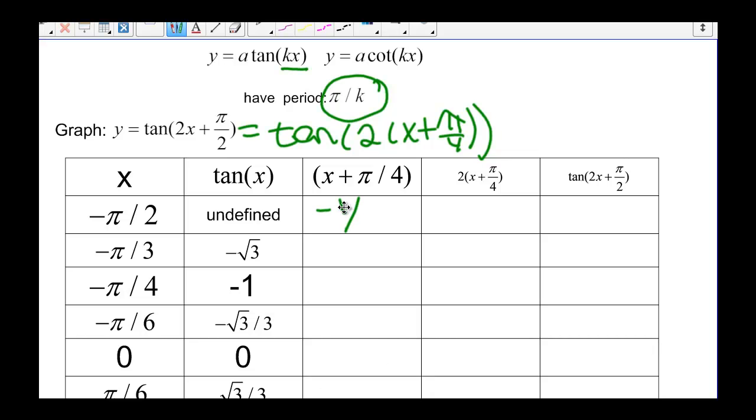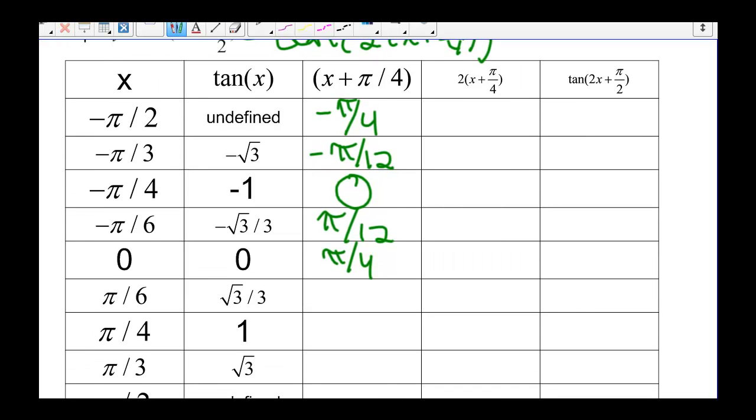Negative pi over 3 plus pi over 4 gives us negative pi over 12. Negative pi over 4 plus pi over 4 gives us 0. Negative pi over 6 plus pi over 4 gives pi over 12. 0 plus a fourth gives us pi over 4.